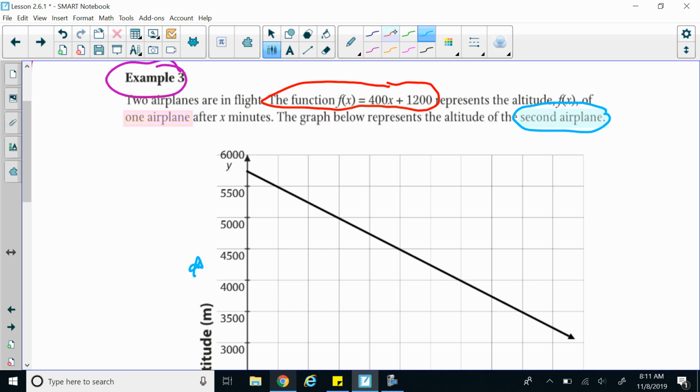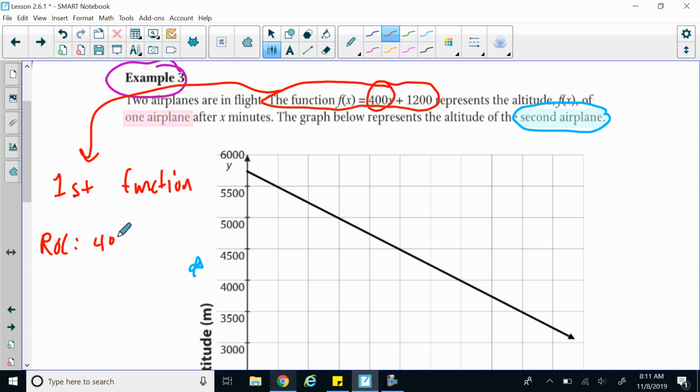So for the first function, I love when it's written in the equation. So our first function, or you could call it f of x, because I think the other one is technically called g of x. But anyway, our rate of change is your slope, and our slope is 400.